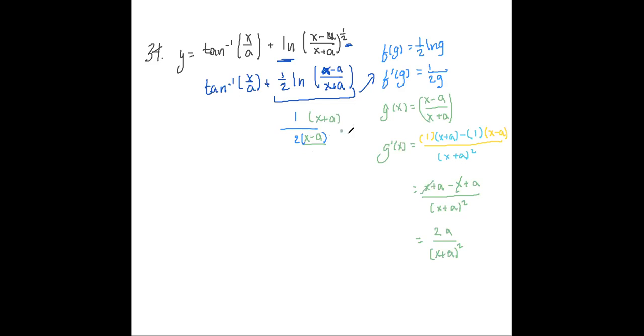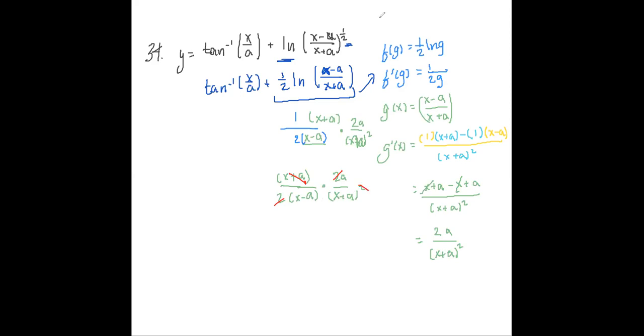And then it's going to be times, I'll leave it here. This is 2a over x plus a squared. So this is x plus a over 2x minus a times 2a over x plus a squared. I can cancel some stuff here, I can get rid of that too, I can get rid of this x plus a.